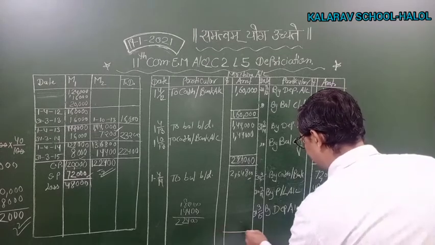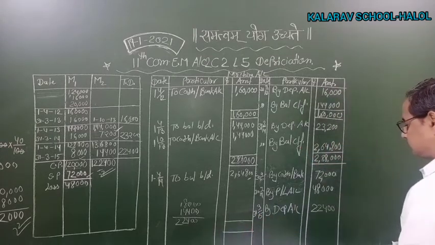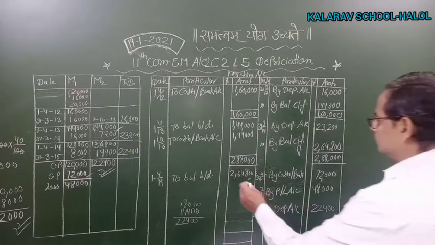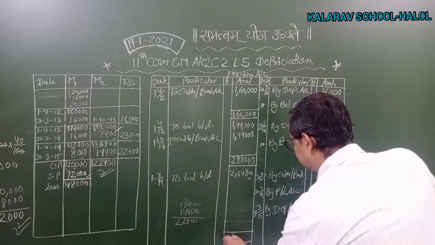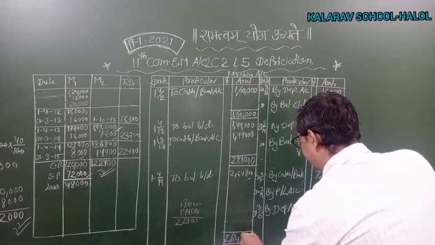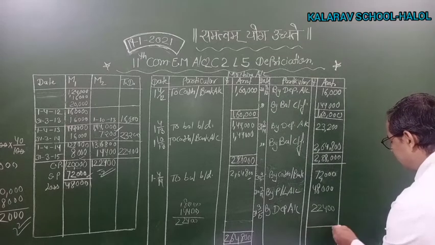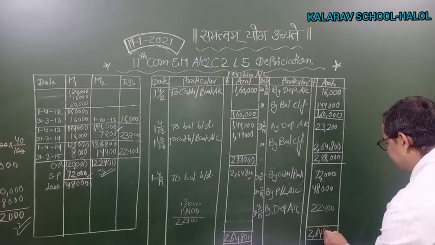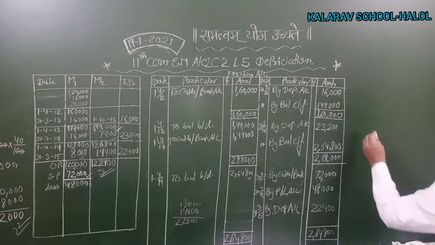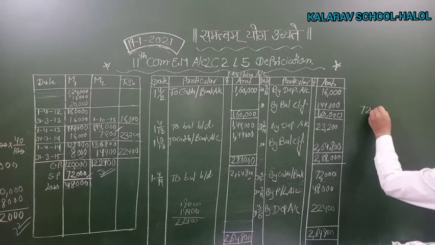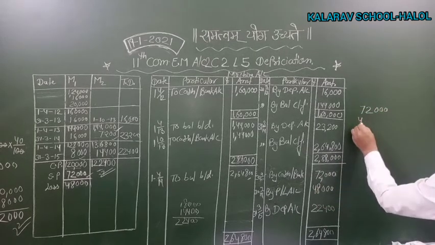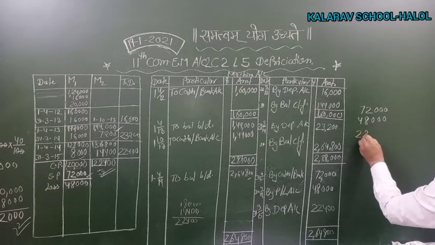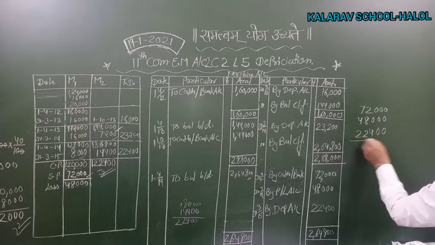Now close it. So here 2,64,800, and here also 2,64,800. Now add all this: 72,000, 48,000, 22,400.